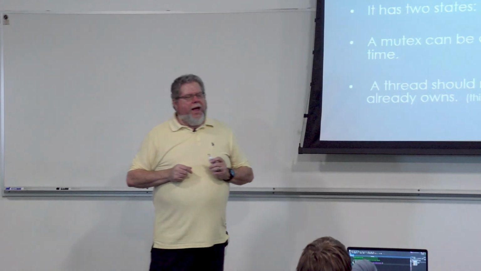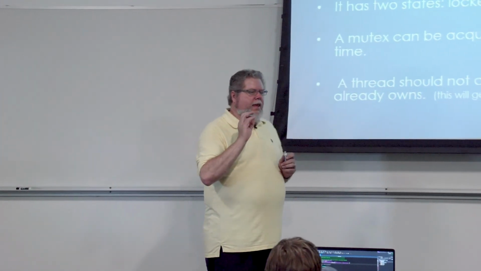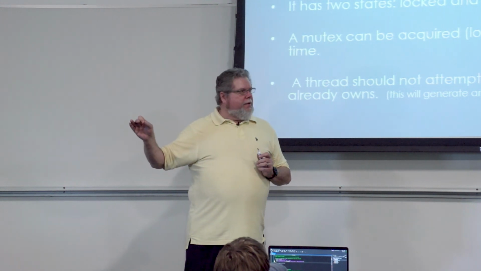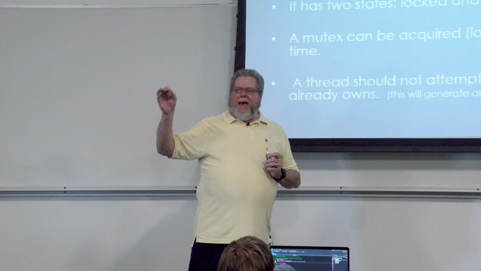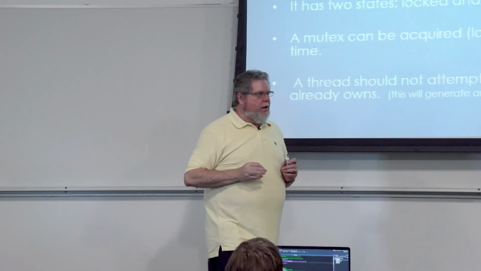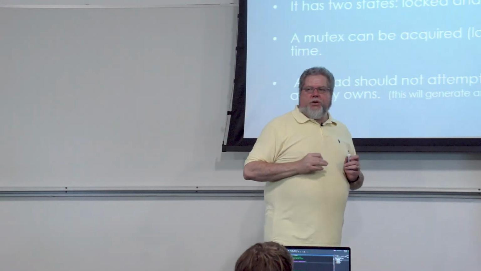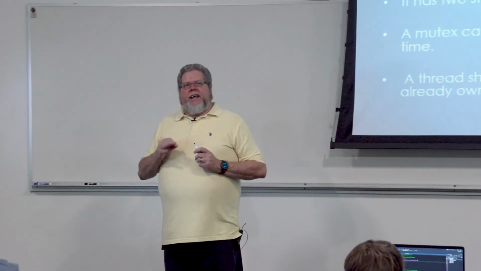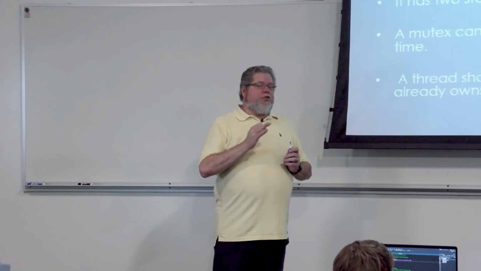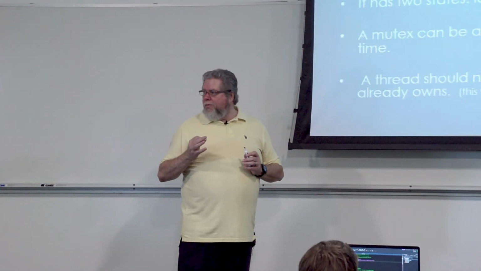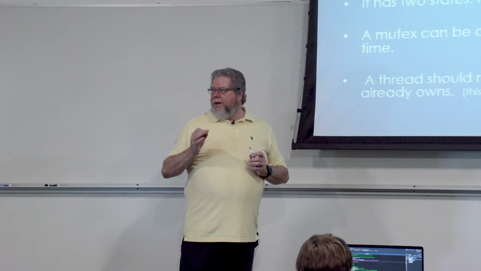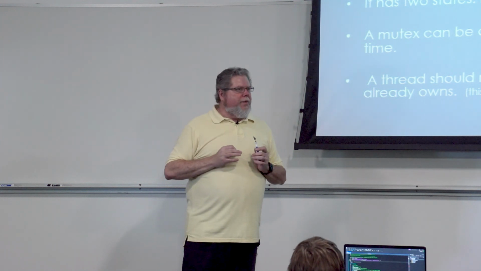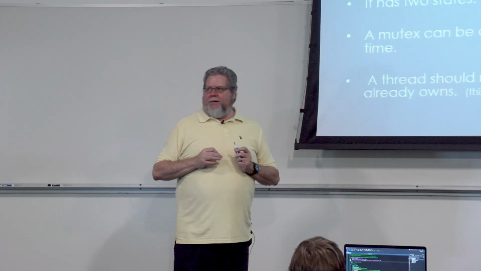If the same thread that has already locked something loops, comes back and tries to lock it again, that will generate an error. And it doesn't generate a, hey, you tried to lock something that you already own error. It basically generates a, oh no, something happened type of error.